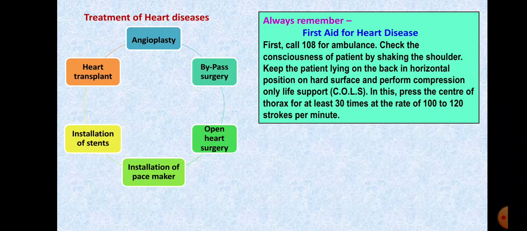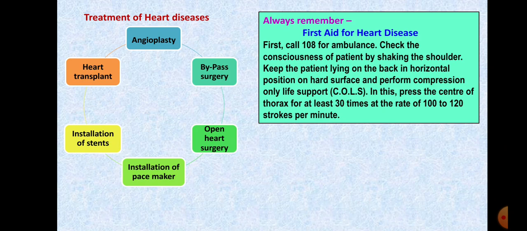The next is installation of pacemaker. Now a pacemaker is a very small machine. It is an electronic device which is implanted, placed inside the chest just below the collarbone, to help the regulation of the heartbeat.